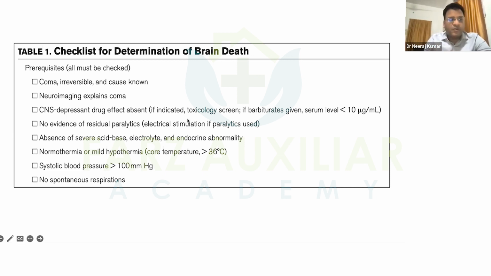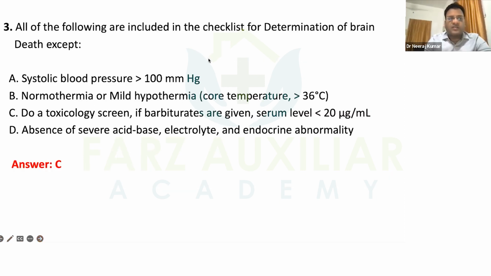So these are the few important points, but the important thing is that CNS drug effect should be absent. And how will you know? By detecting the barbiturate. If the patient has received barbiturate, the serum level should be less than 10 microgram per ml. So that's why I modified those options. Systolic, it's right. Normothermia or mild hypothermia, again, it's right. And okay.